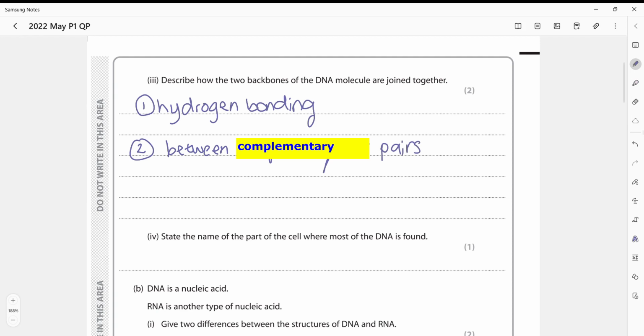You don't need to write this in your answer, but A pairs up with T, or adenine pairs up with thymine, and cytosine pairs up with guanine. This is how I personally remember it. The letters A and T are both pointy letters, so they pair up together, and the letters C and G are curvy letters, so they get paired up together.